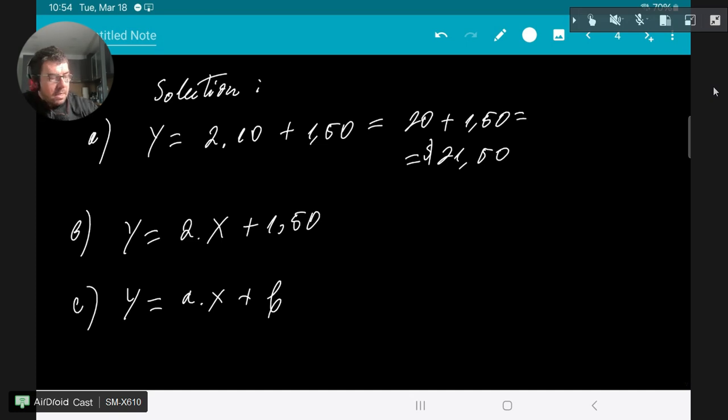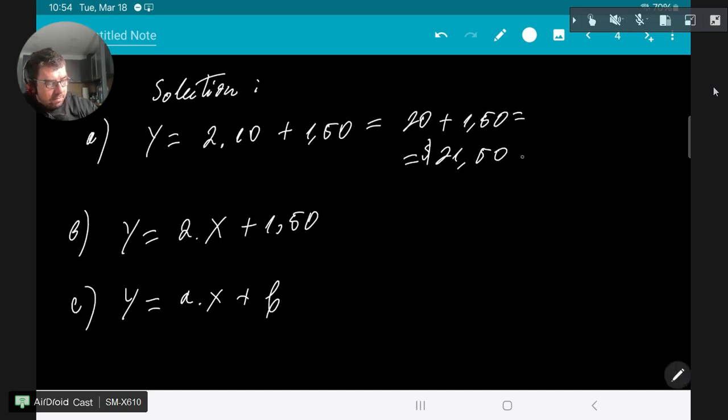All right. So the first formula here, the first calculation is an arithmetical calculation. So this is arithmetics. And those two here, they are algebraic formulas. Okay, algebraic.